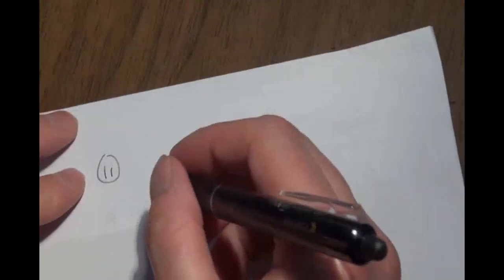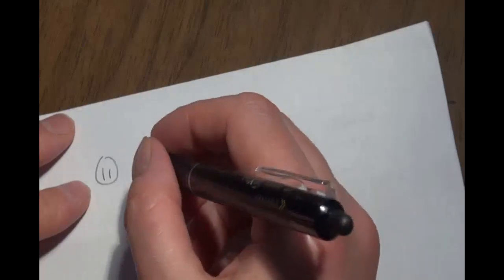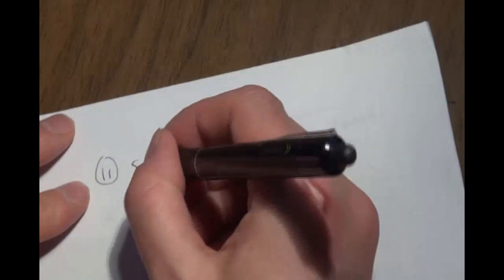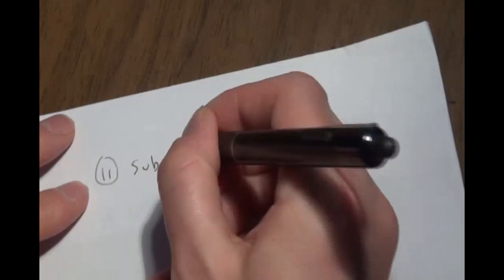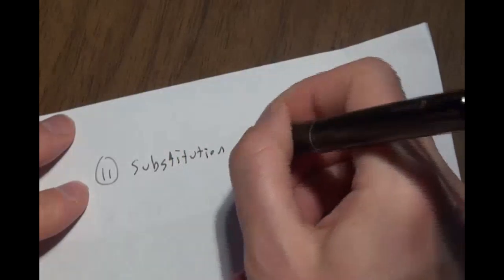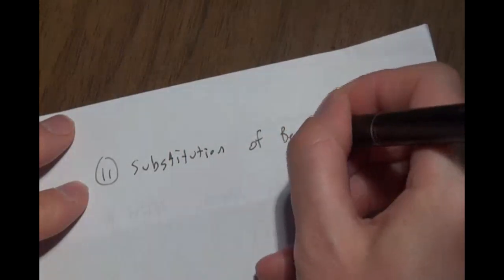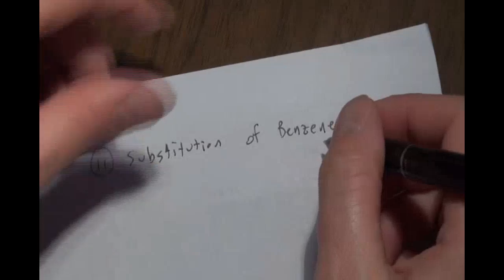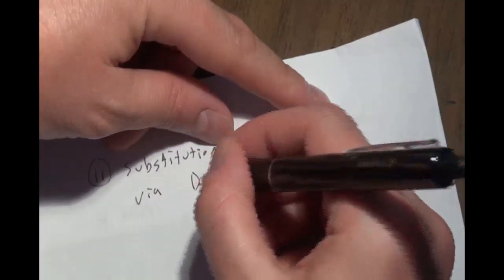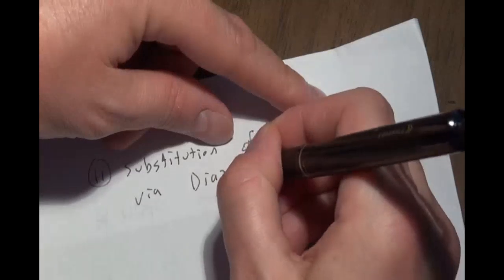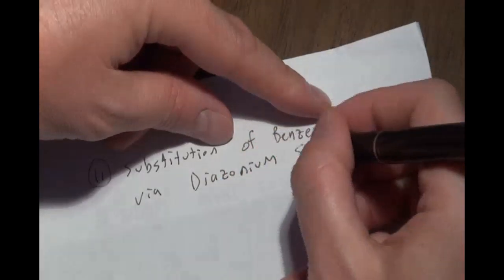Alright, so number 11 is one of these milder methods to incorporate things onto a benzene. Substitution of benzene via something called a diazonium salt.